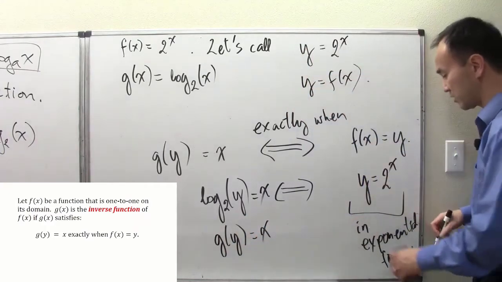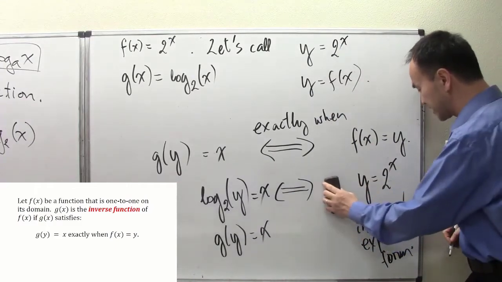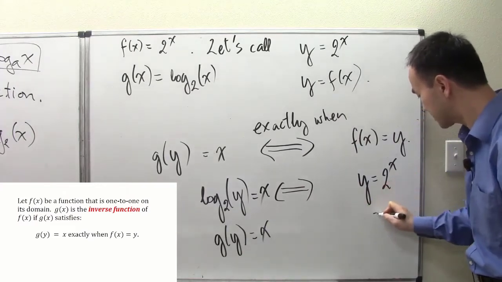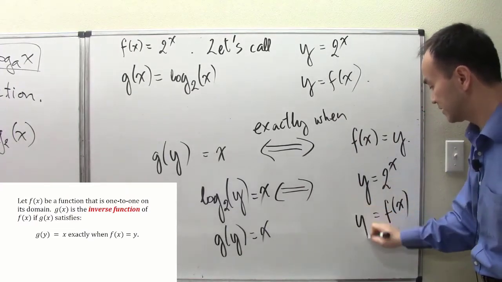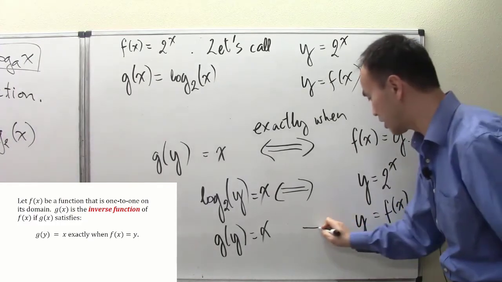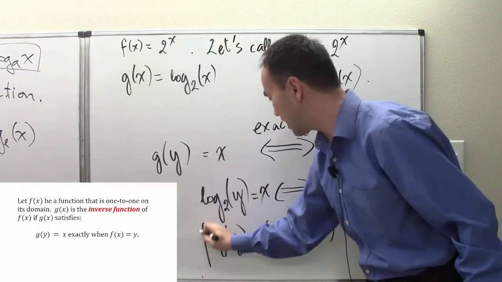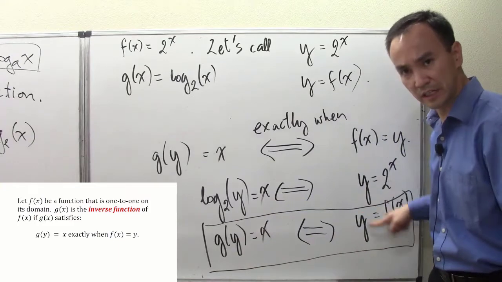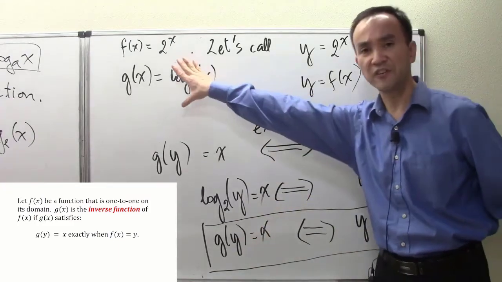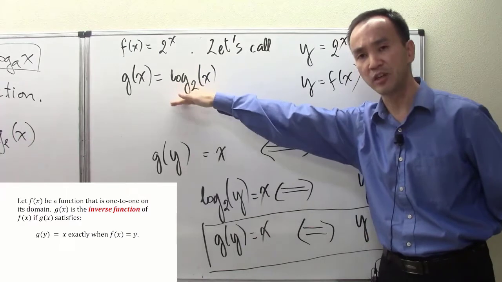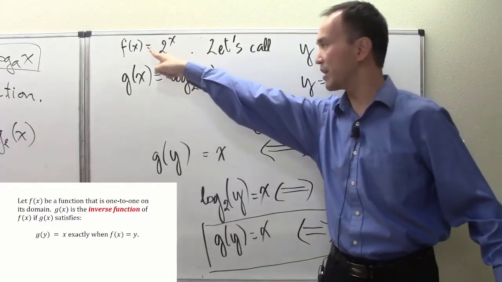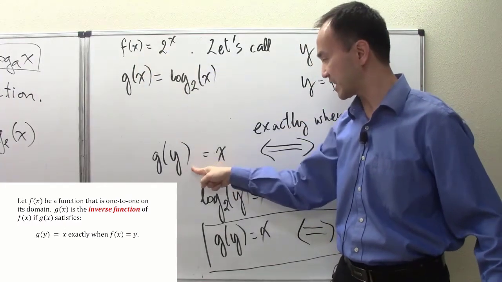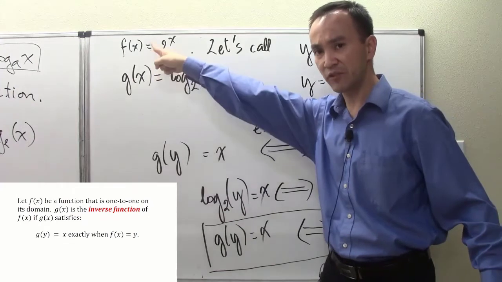And in the meanwhile, this y equals 2 to the x is the same as saying 2 to the x is f of x, and y equals f of x. So this bottom statement right here, isn't it making it clear that once we define our function g being the log base 2 of x, provided that we have also defined previously a function f of x to be 2 to the x, then this function g has that relationship with f of x?